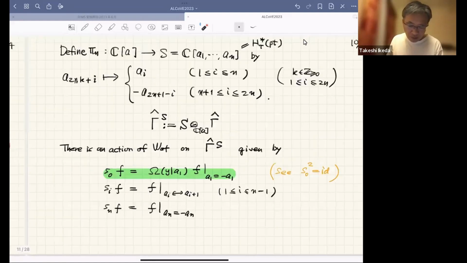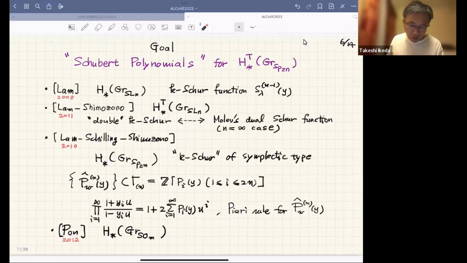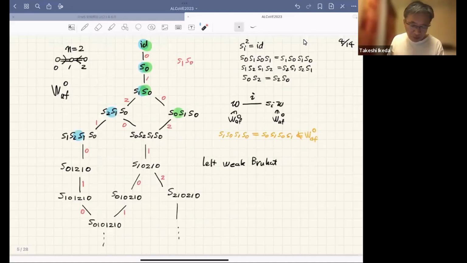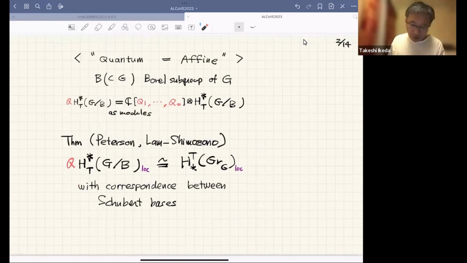So we hope we can compute the quantum side by using our functions. Of course we want to extend this story to the K-theory case also. But we haven't done many concrete calculations so far. That's our ultimate goal somehow. Thank you.